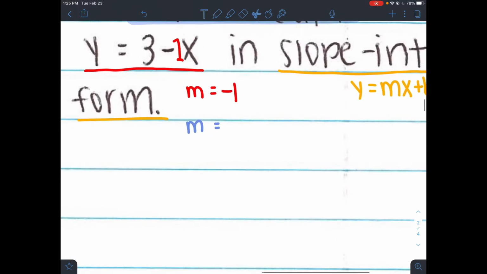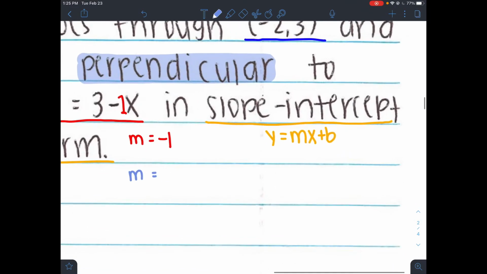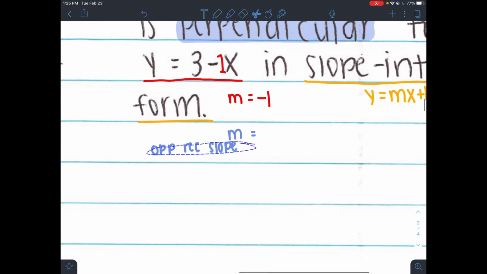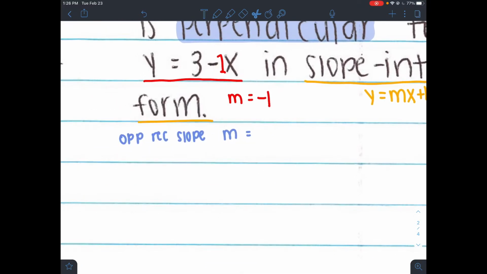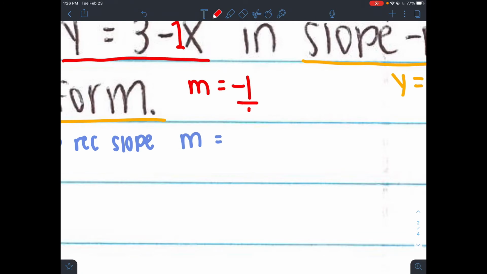So then you got to think about how negative 1 would be an opposite reciprocal. Well, first, let me go ahead and write a note. Opposite reciprocal slope here. Right now we have negative 1, and how do we write that as a fraction? Because we're going to have to flip this, negative 1 over 1.